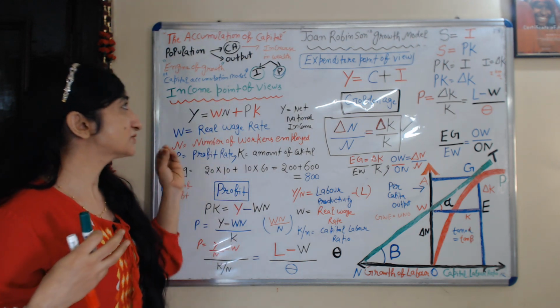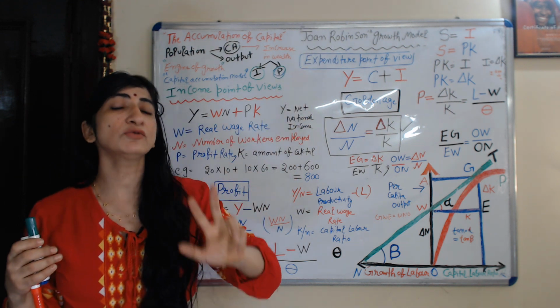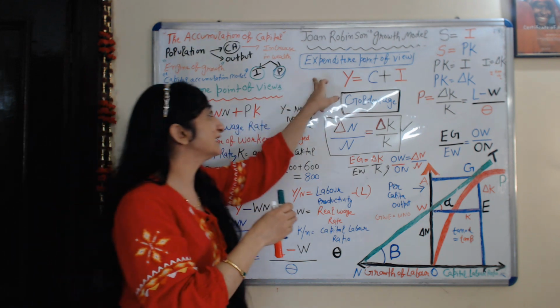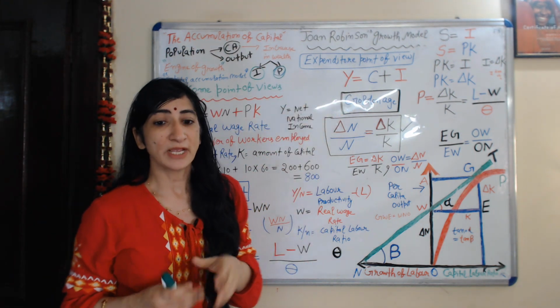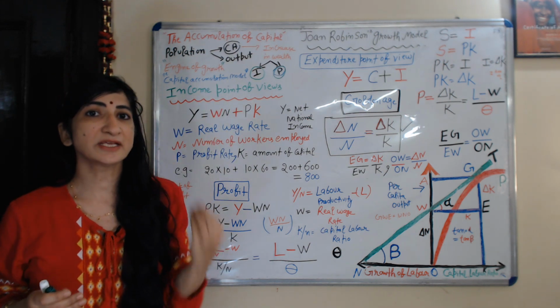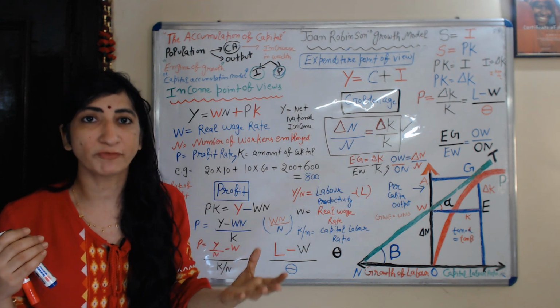In this model, Joan Robinson basically defined two points of view. First, the income point of view. Second, the expenditure point of view. According to the income point of view, national income of any economy is the sum of wage and profit.